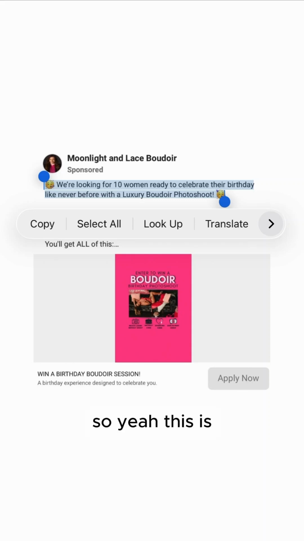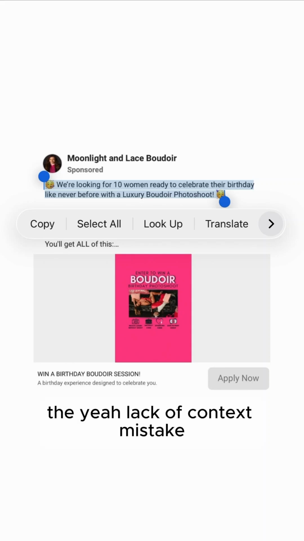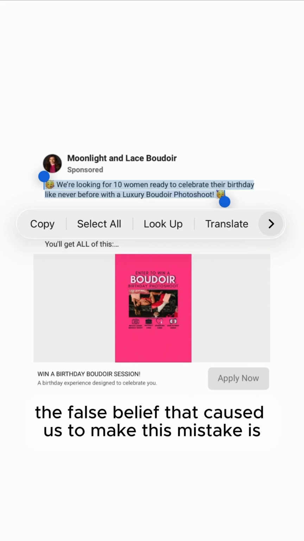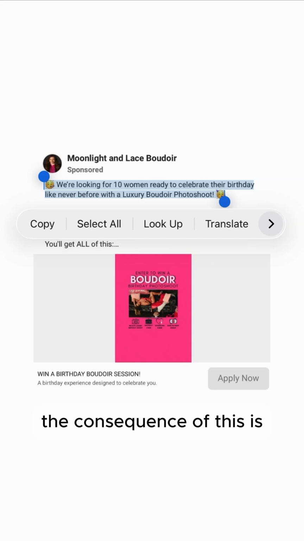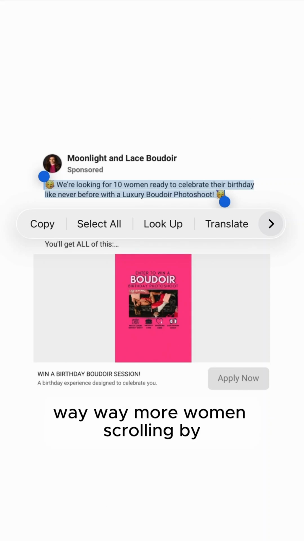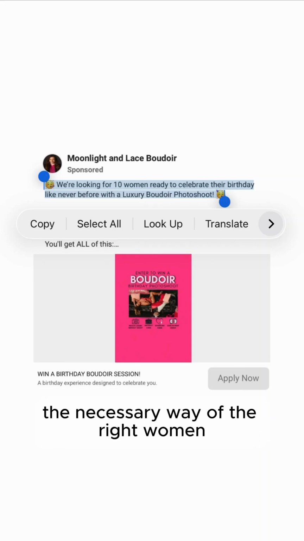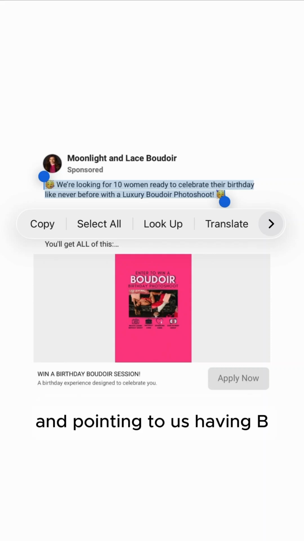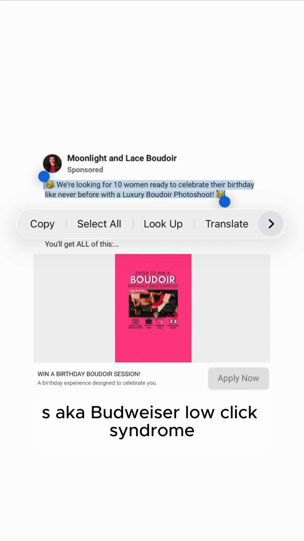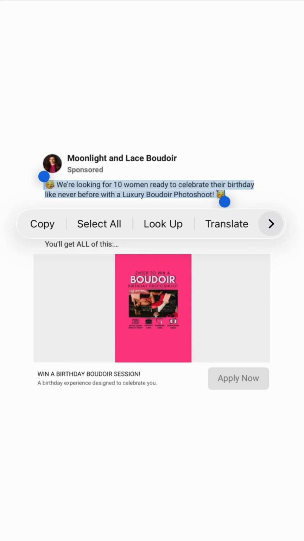Yeah, lack of context mistake. The false belief that caused us to make this mistake is we believe we provide enough context. But the consequence of this is we actually have way more women scrolling by than necessary, way more of the right women, pulling our unique CTR all down and pointing to us having BLCS, aka Boudoir low click syndrome, increasing that probability.